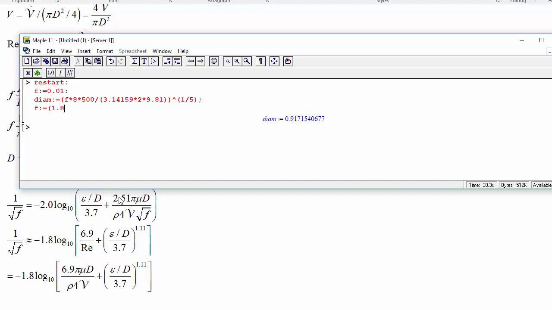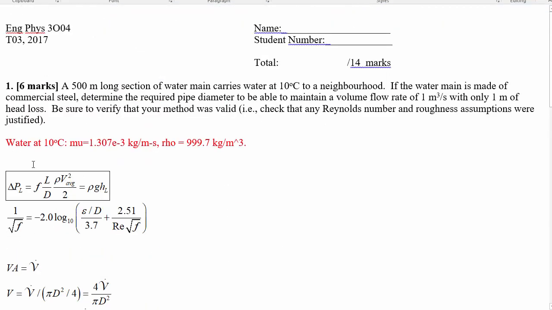So F is going to be 1.8 times log 10 of 6.9 times 3.14159 times the diameter that we just calculated divided by rho. Maybe we'll type rho in. Rho is 999.7, and we're also going to need mu, which is 1.3070 minus 3.